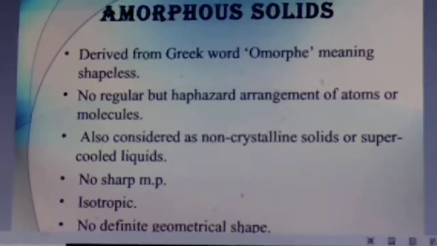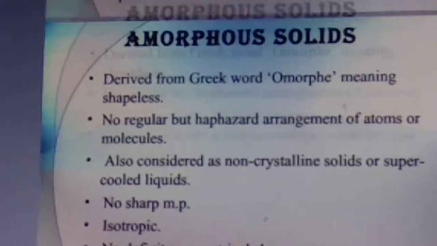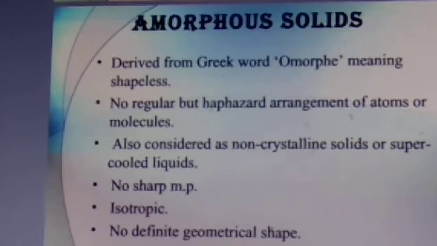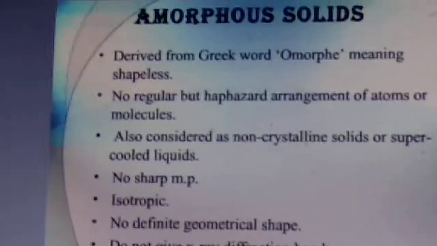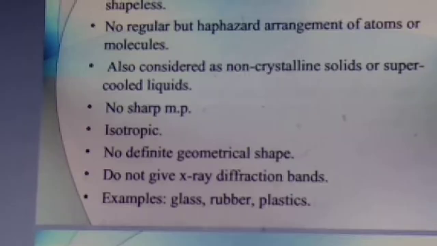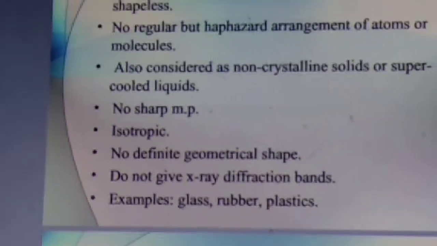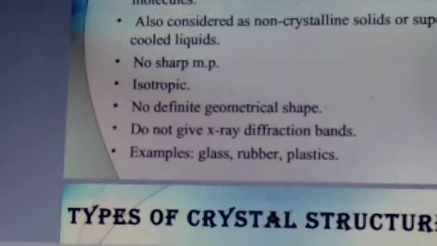It means that properties like electrical and optical properties are the same in all directions. They have no definite geometrical shape and do not give X-ray diffraction. Examples are glass, rubber and plastics, because they have no regular or systematic arrangement of the constituent particles.